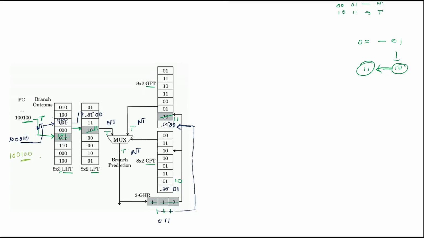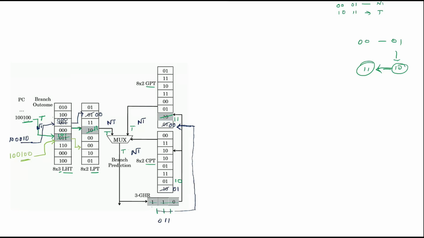Okay, so now it is 4, so it goes to this. So where does it go for 101? What is 101? It goes to 00.